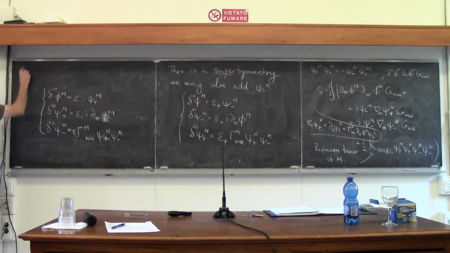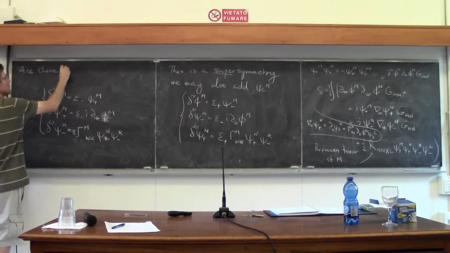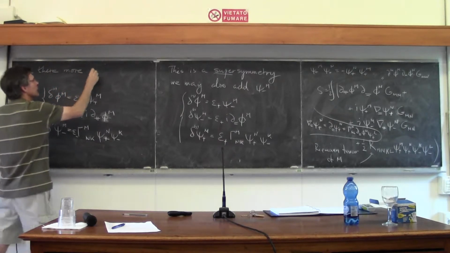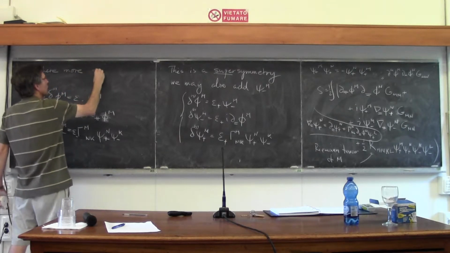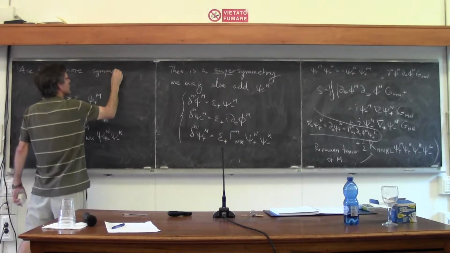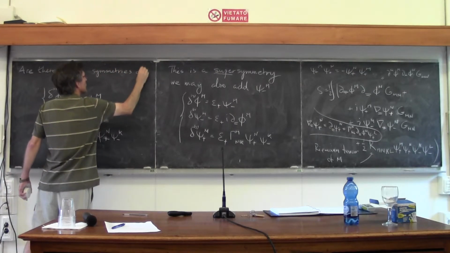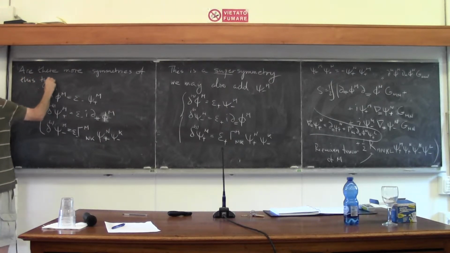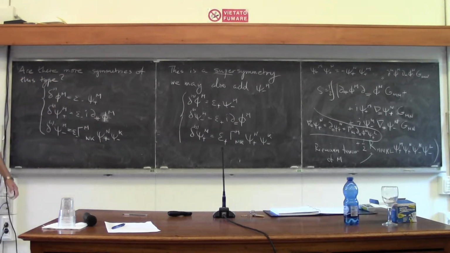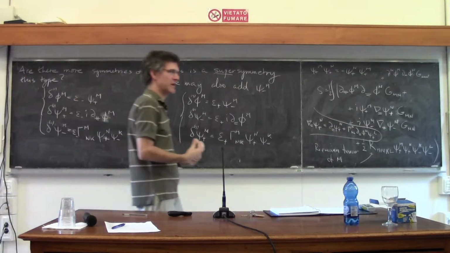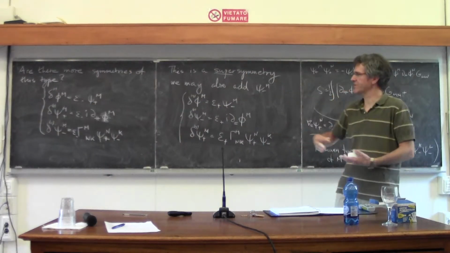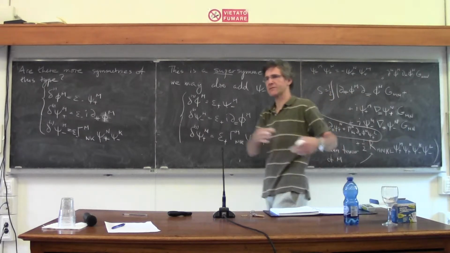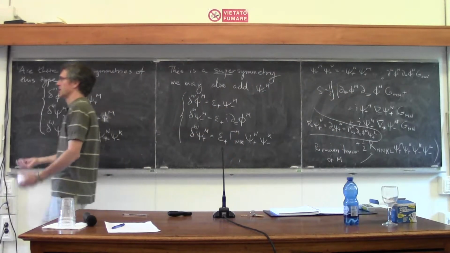So the next question. The only thing I did was add the fermions. If I had plus fermions, I did one supersymmetry. I had minus fermions, there's another supersymmetry.